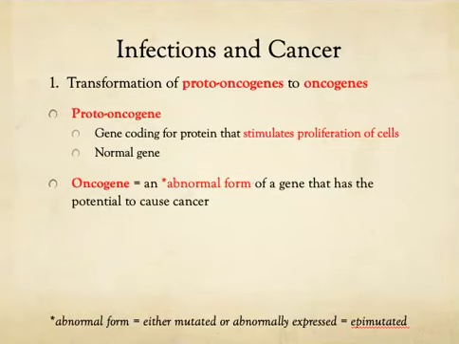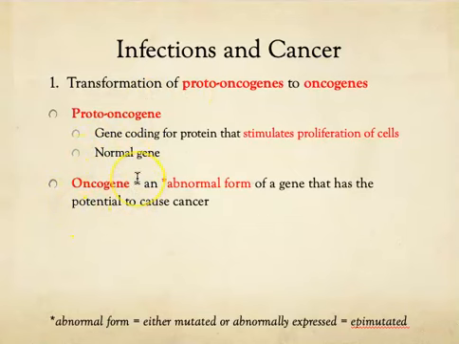Now we're going to use the term oncogene to describe an abnormal form of a proto-oncogene, an abnormal form of a gene that has the potential to cause cancer. Now, it's tempting to think that oncogenes are just proto-oncogenes that have mutated. Sometimes they are. Sometimes a proto-oncogene becomes mutated and becomes an oncogene.